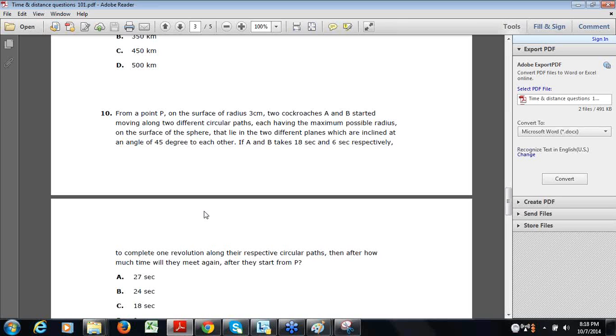If A and B take 18 seconds and 6 seconds respectively to complete one revolution along their respective circular paths, then after how much time will they meet again at point P?